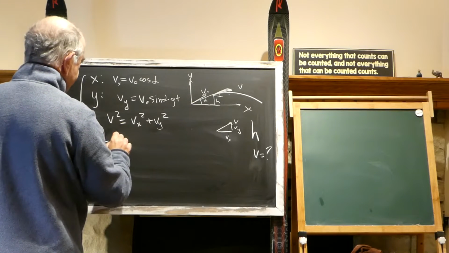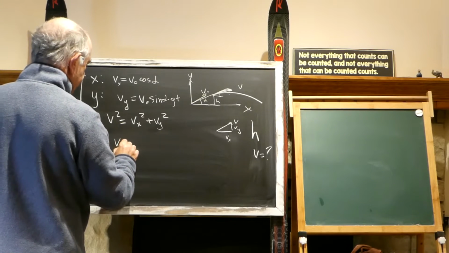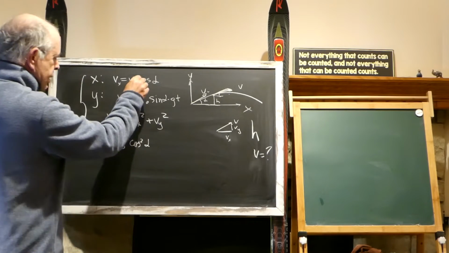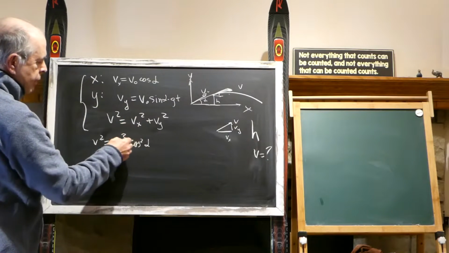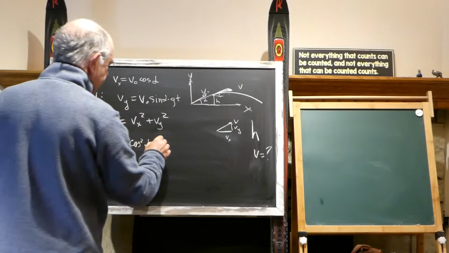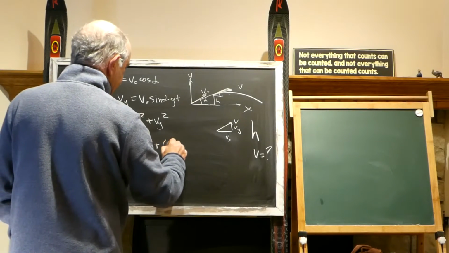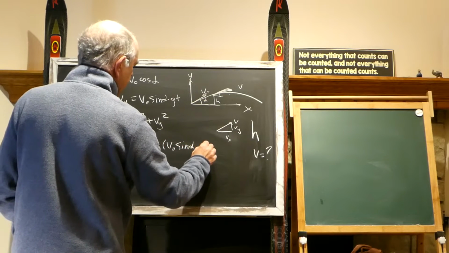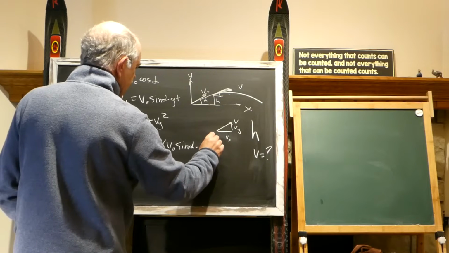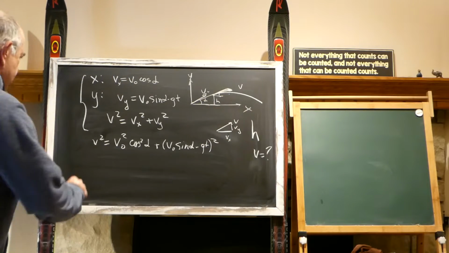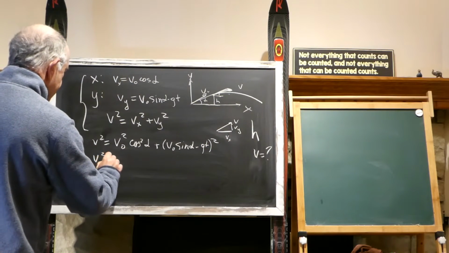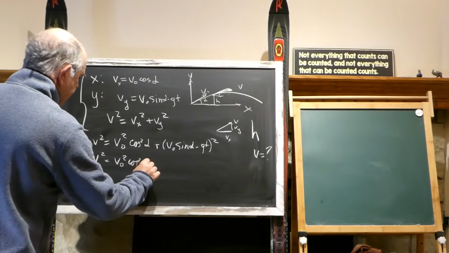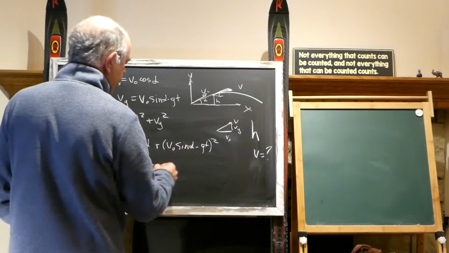We have v squared equal v0 squared cosine squared alpha, because I simply put this here and I have to square it, plus v0 sine alpha minus gt squared.